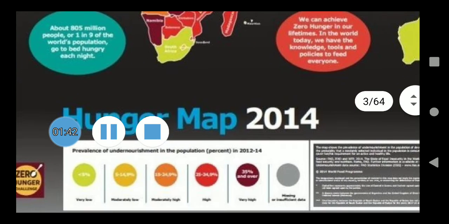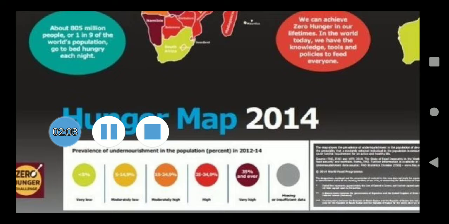This map is showing the population of people who are with hunger. The green indicates very low and moderately low, orange indicates moderately high, red is high, and brown is very high, and gray is for insufficient data.